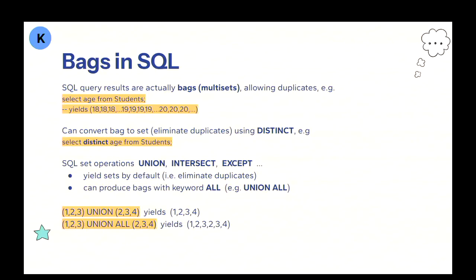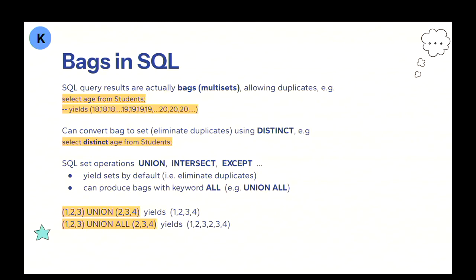They are called bags. And we can convert bags into sets by removing the duplicated data items with the keyword distinct. Of course, SQL supports the normal set operators like union, intersection, or except.